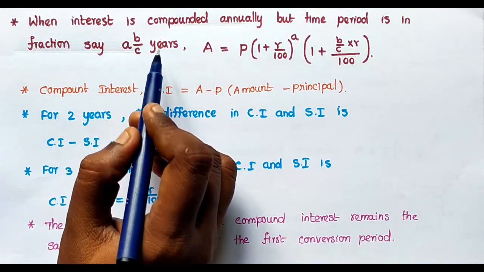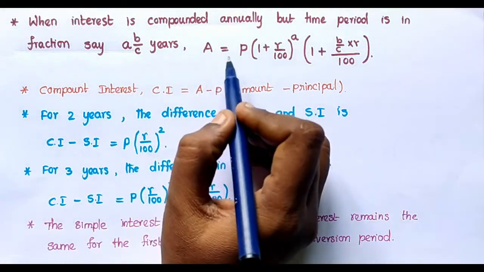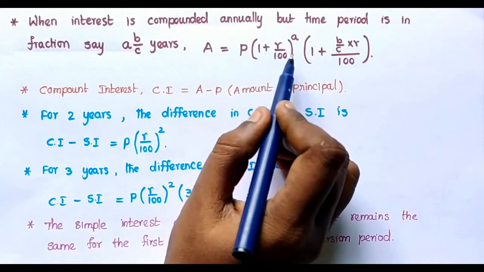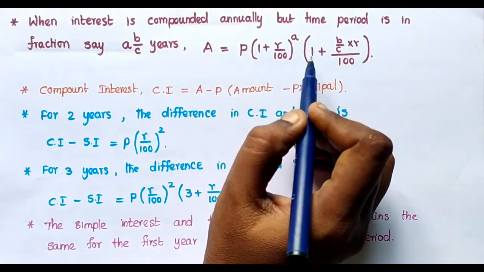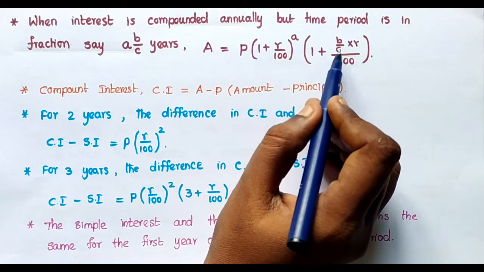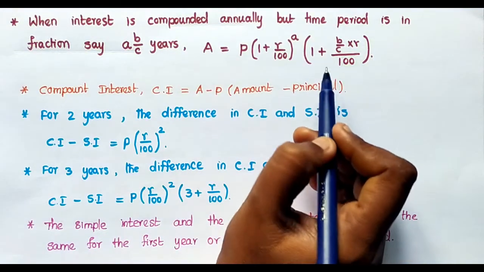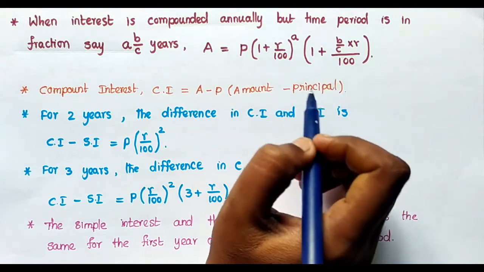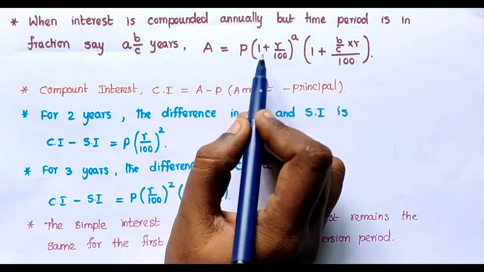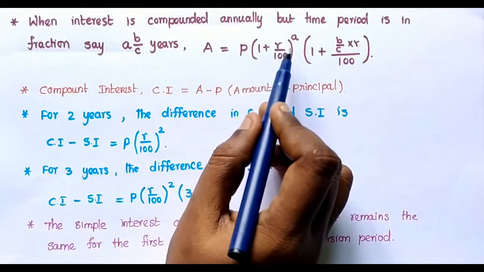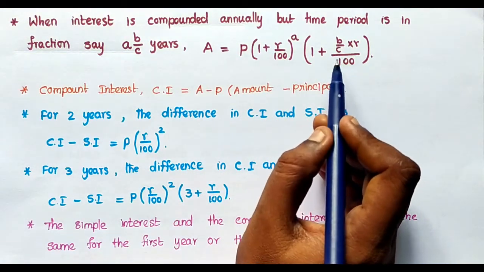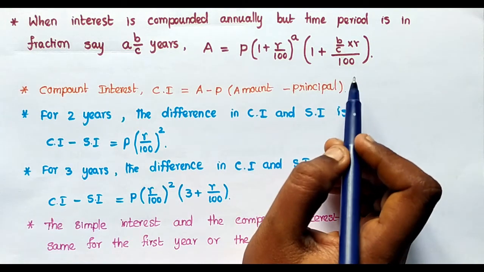Then A equals P into (1 plus R by 100) whole to the power a, into (1 plus (b by c) into R by 100).